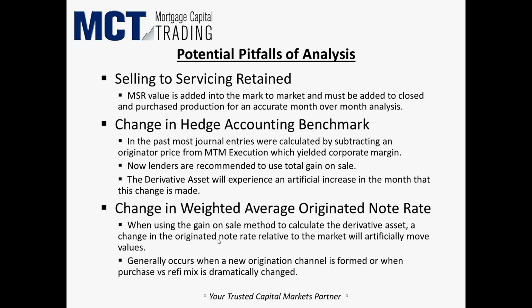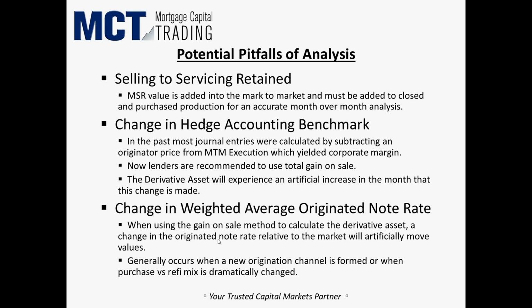analysis. Change in the hedge accounting benchmark. We talked about earlier in the past. It was pretty customary to use corporate margin. So we're talking about the mandatory execution. Let's use the example of a mandatory execution of 104, backing out 102 of the original price, which gives us a 2-point execution.